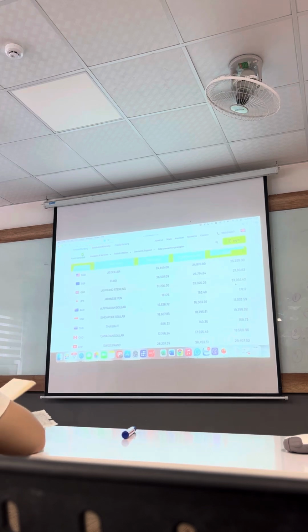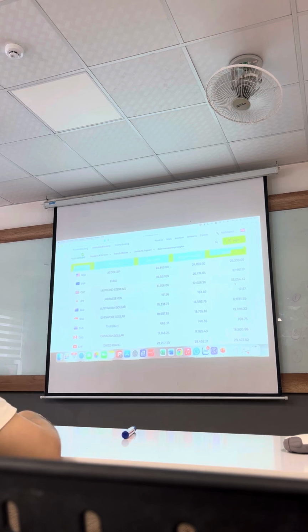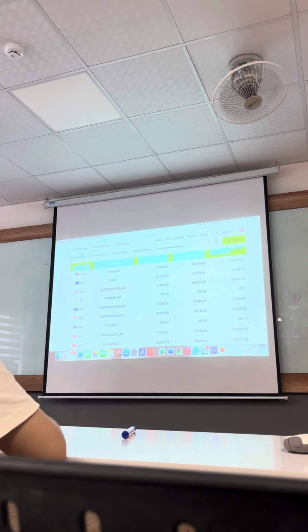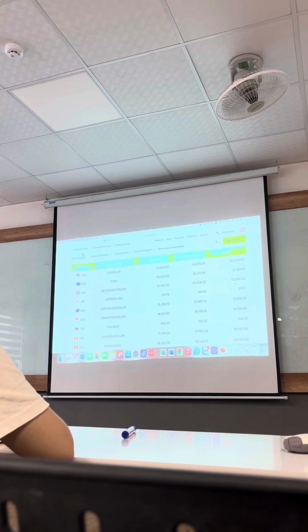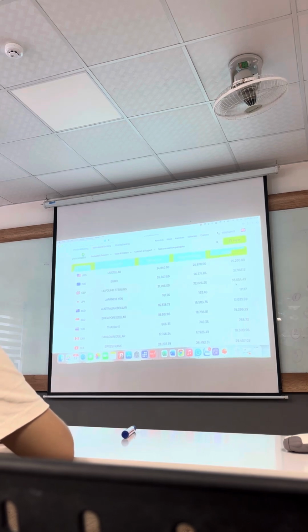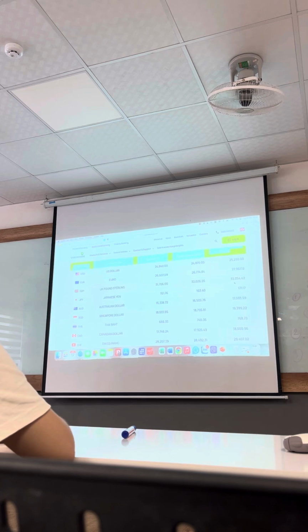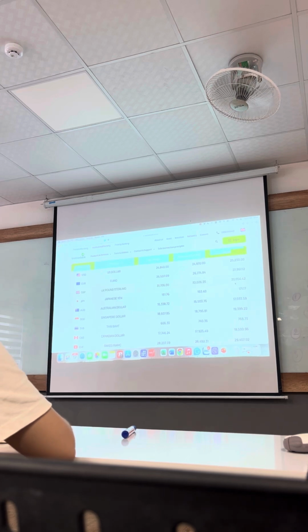When the customer buys, the applied rate will be the selling price. And vice versa, when the customer goes to the bank to sell money, the rate applied is the buying rate. The selling price is always higher than the buying price. That is the profit of the bank.